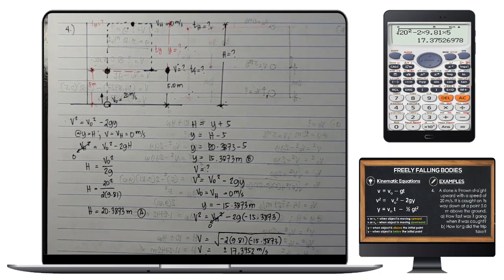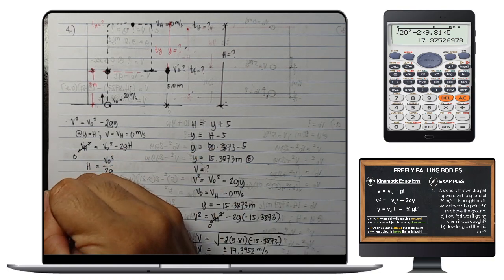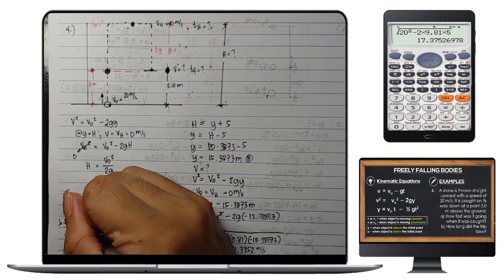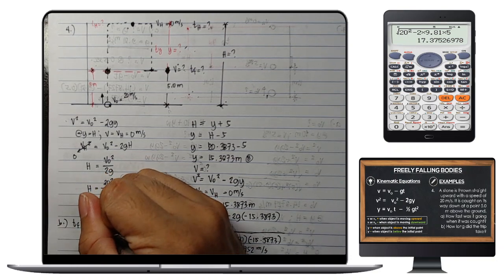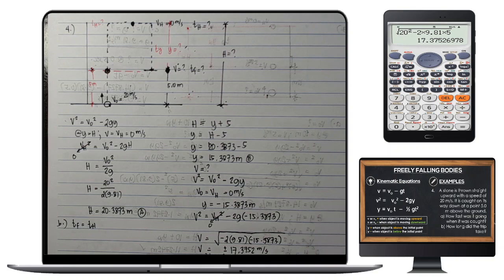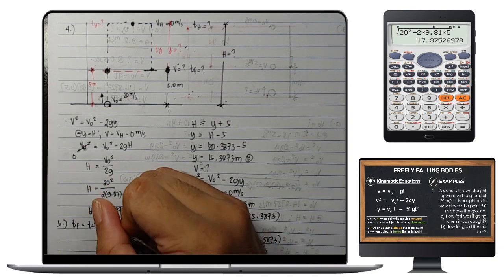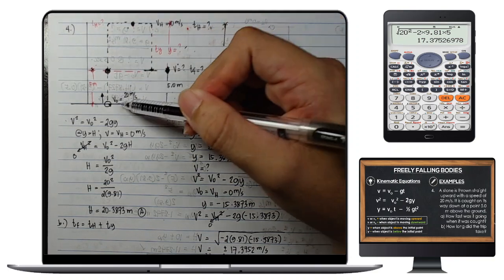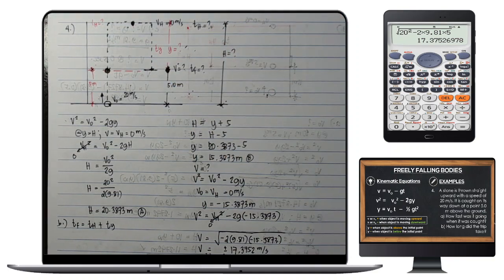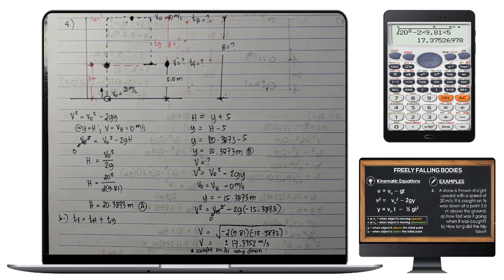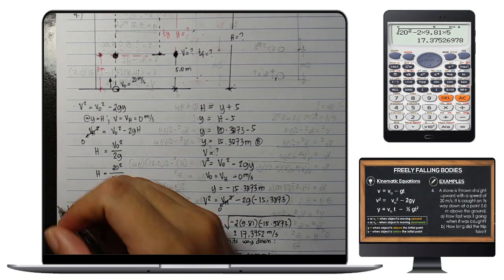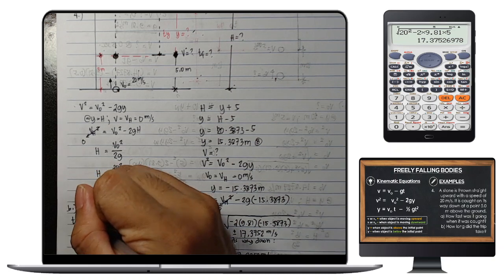Okay? So, for letter B, hanapin muna natin si time of flight. Di ba, time of flight, pwede natin sabihin that that is equal to time to reach the maximum height plus t sub y, yun yung ating total time of flight. So, using the maximum height muna, hanapin muna natin si t sub h.